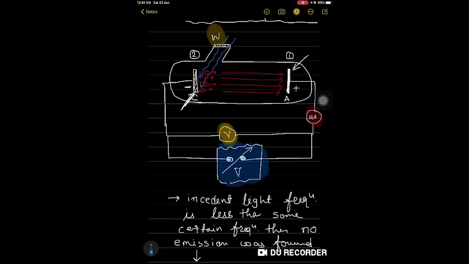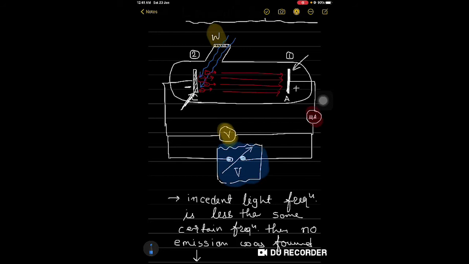So in this way, we can arrange the experimental setup and study and analyze the photoelectric effect, through which we can analyze different points that we have discussed earlier.